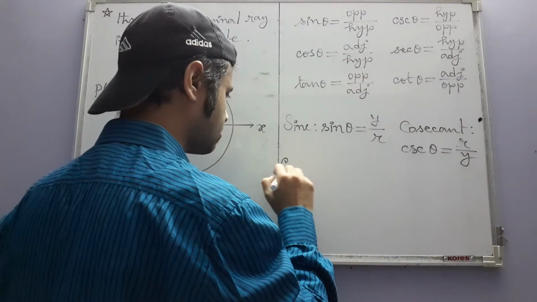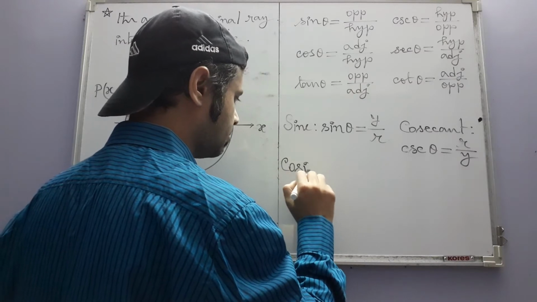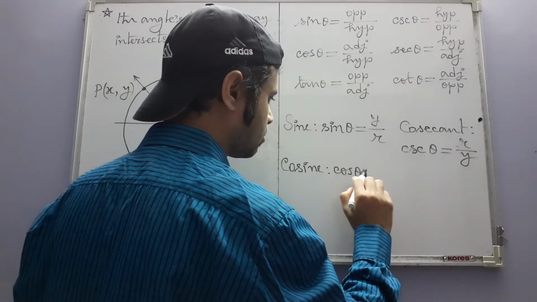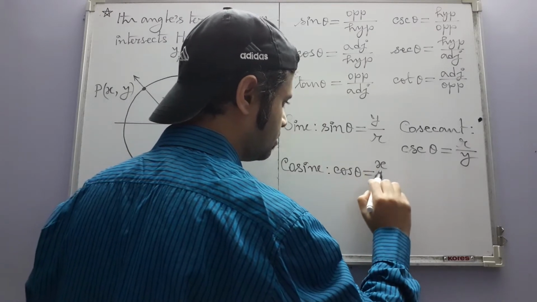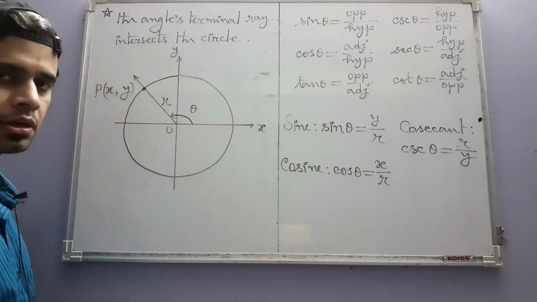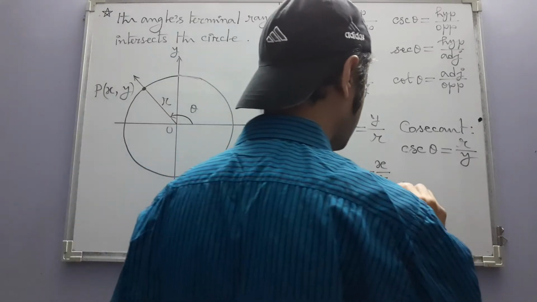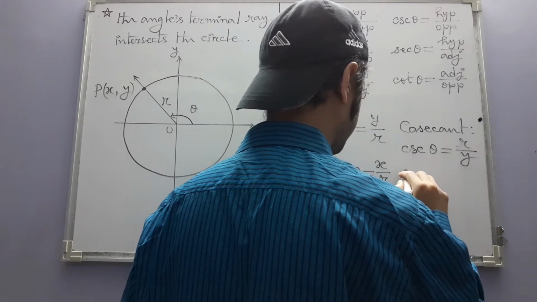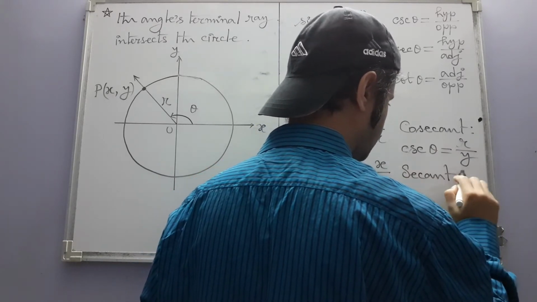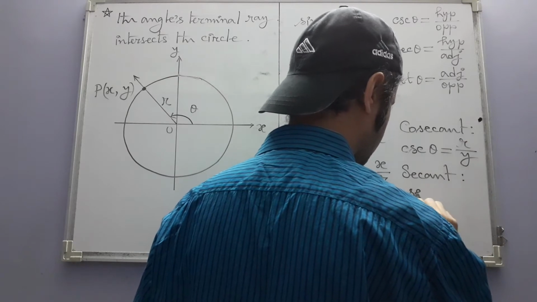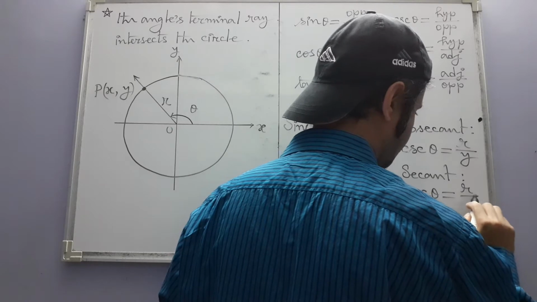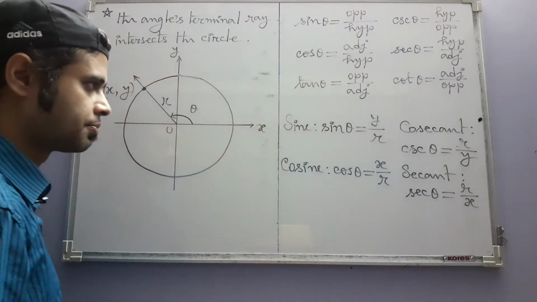Then cosine. Cos theta is defined to be the x coordinate divided by the radius of the circle r, and its reciprocal secant is defined to be r divided by x.